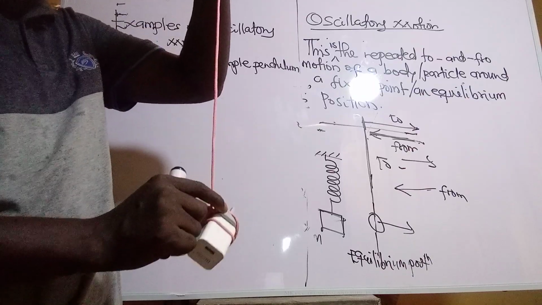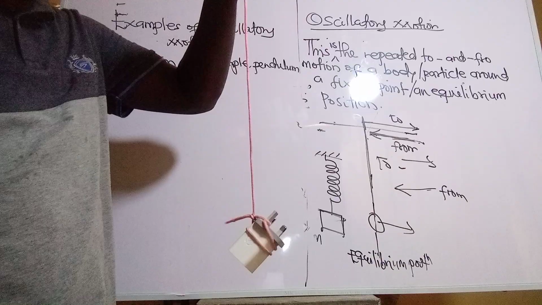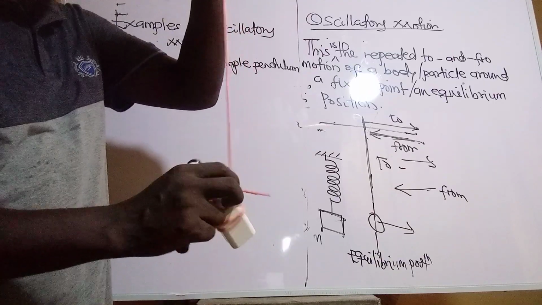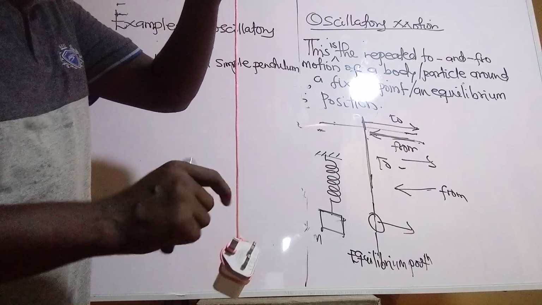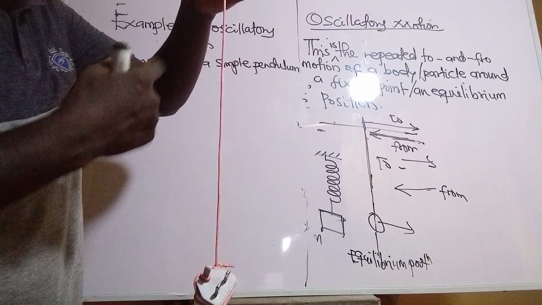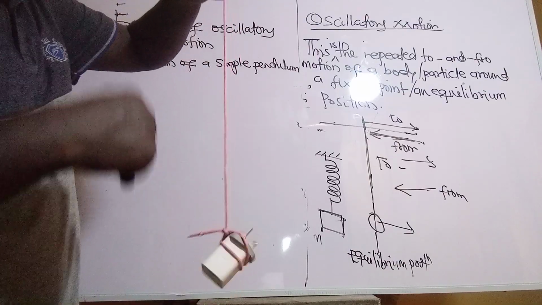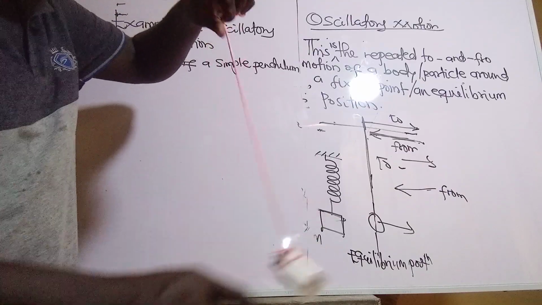Any mass or a body connected by a string and made to oscillate. So in our laboratories or in our schools, we have the metal shot, and that's the mass. Then we often tie a string or thread of known length to it, and then tie it to the retort stand and make it oscillate.